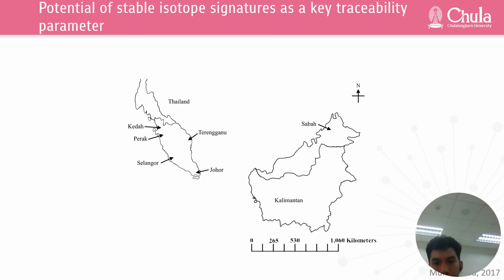So next up, the work by Muhammad, using 33 CPOs from one country but about six different provinces. The samples are from Malaysia: Kedah, Perak, Selangor, Terengganu, Johor, and Sabah.